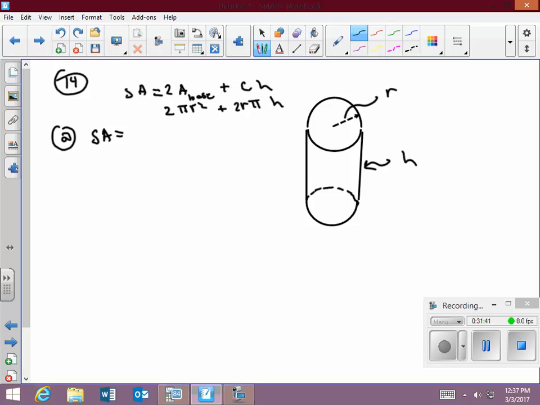Now they have a different way of laying the formula out, but for when the radius is 5.3, that height, it says it's 17 point.